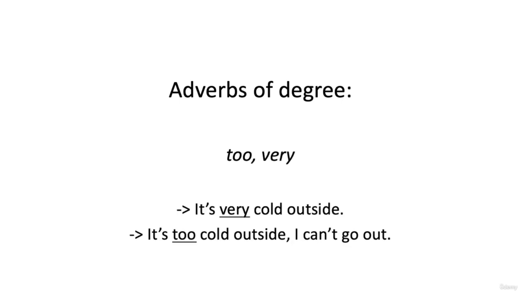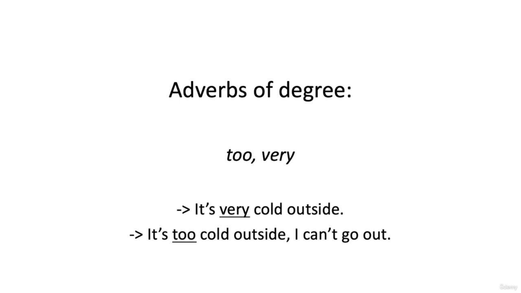The adverb of degree very is also used to describe an excessive behavior, but its usage is very different to too. Very expresses a fact, whilst too suggests there is a problem.